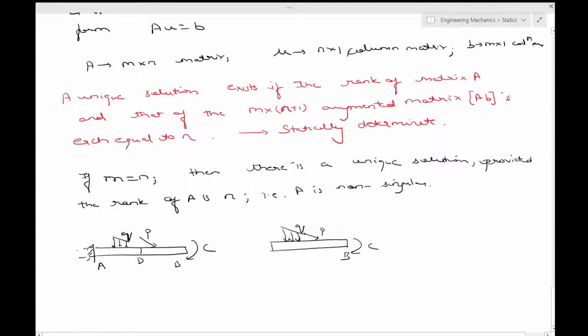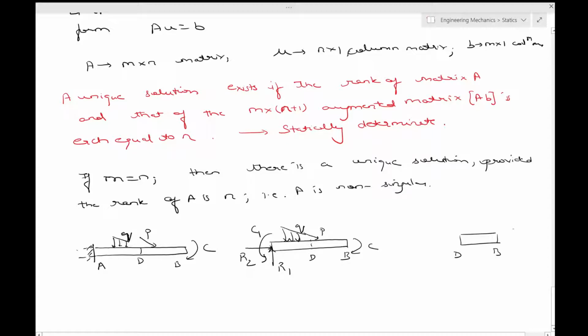For not moving in the y direction, I have to have R1. Not moving in the x direction, I have to have R2. And not allowing a free rotation is C1. This is how we write this. Now we can take up one part of it, which is dB. So D is somewhere over here.